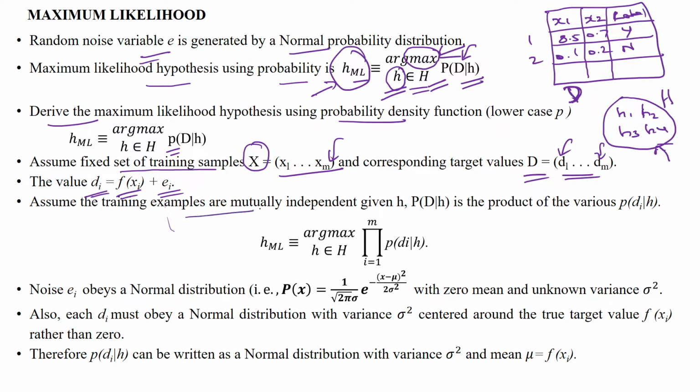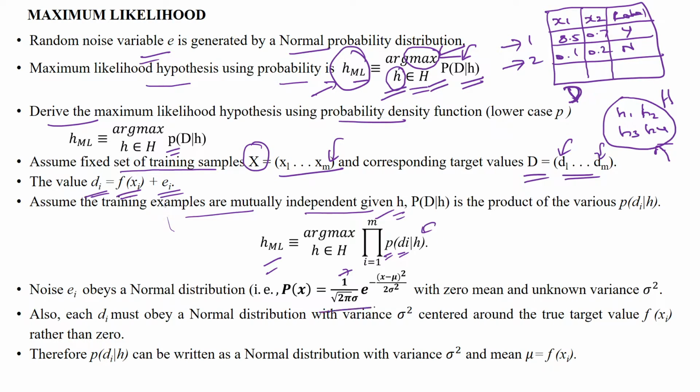Assume training samples are mutually independent given the hypothesis. So the maximum likelihood hypothesis is the product for i equal to 1 to m of the probability density function of Di given hypothesis.